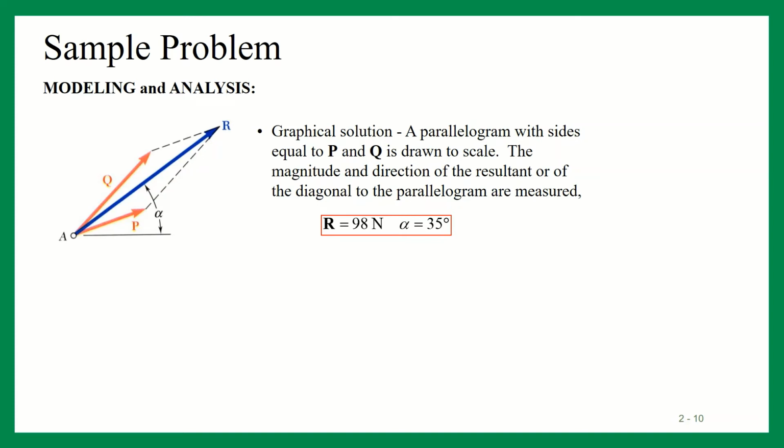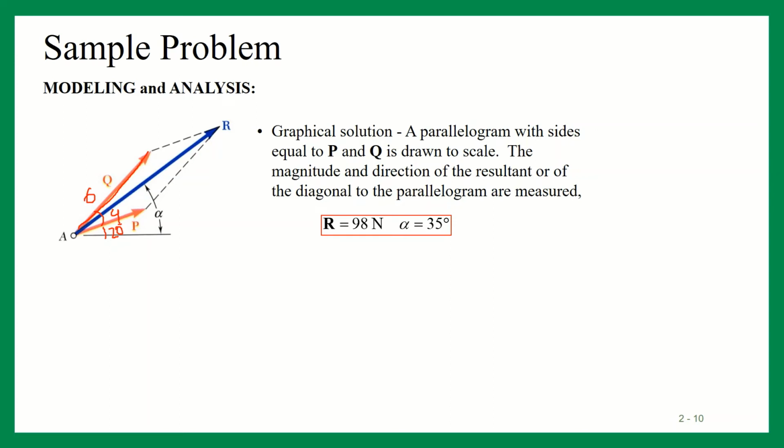So what we have done: suppose this is the horizontal. We have drawn P, and this angle will be 20 degrees. Then you take 25 degrees and draw Q. This length is, say, 4 centimeter, and this length is 6.